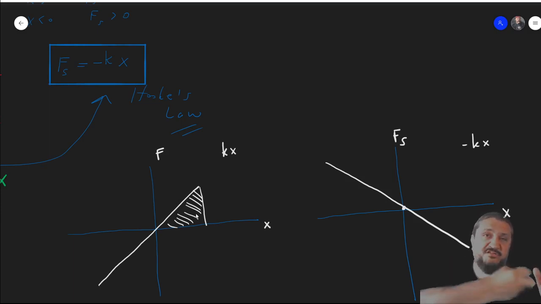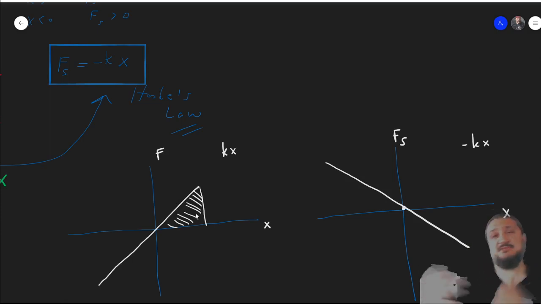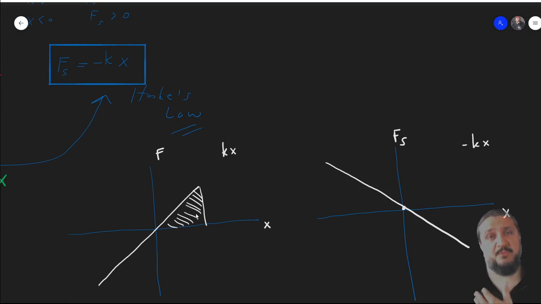If I'm stretching the spring, the force I exert is in the same direction as the displacement of my hand. So the work I do is positive. I'm active. Spring is on the passive side. It just goes along with what I'm doing. Okay? So the work I do has to be positive. Positive work done by me.